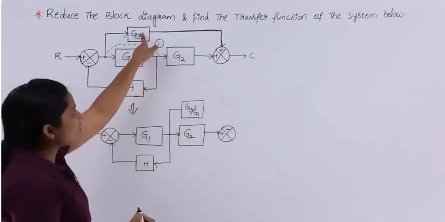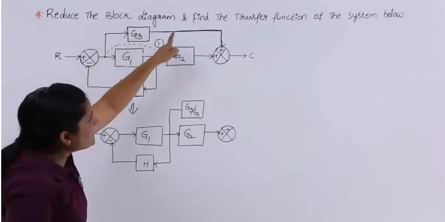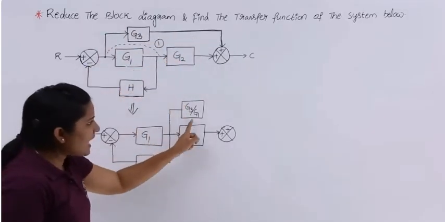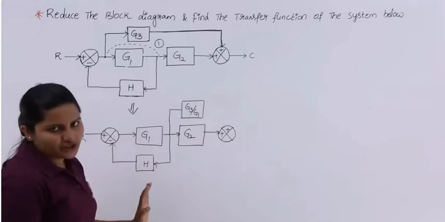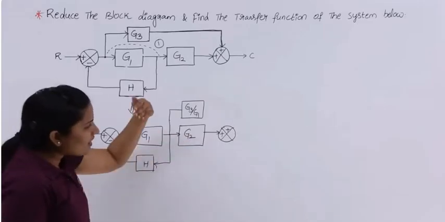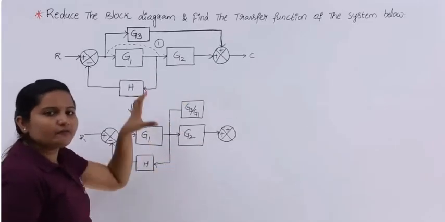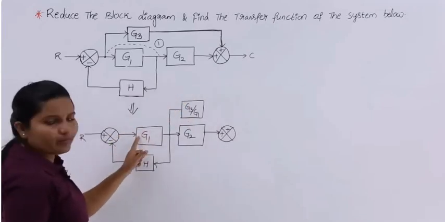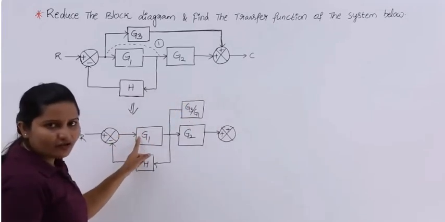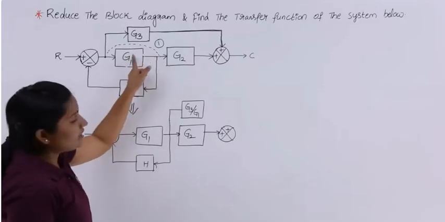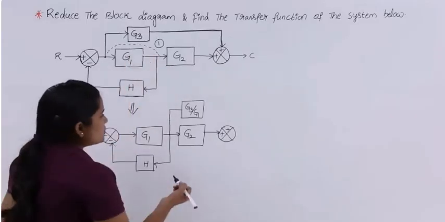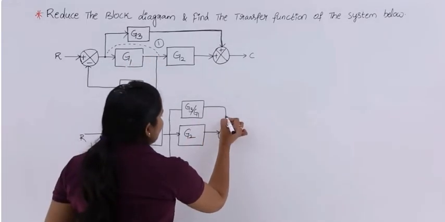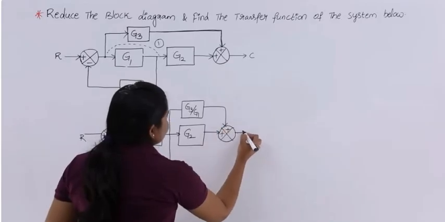If G3 is not there, if you are having an empty line, then you need to add a block and you need to write 1 by G1. If you are already having a block, then for that block gain you need to multiply the inverse gain of this ahead block. So here I moved this point like this.